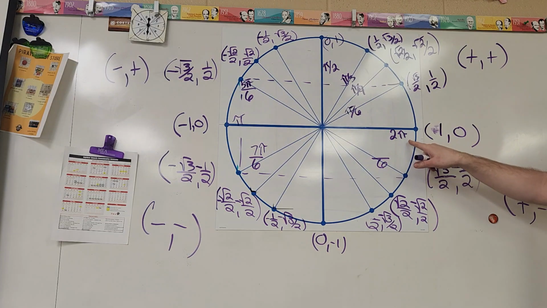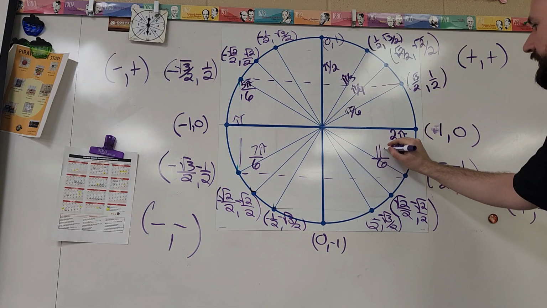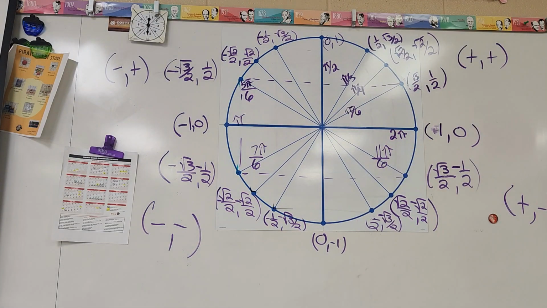And this is 1/6 less than 2 pi. So it's 11 pi over 6. You guys see how I did that? Because each of these is a 6, and each little one is 12, actually. Each little one's a 12, but I don't do it that way.